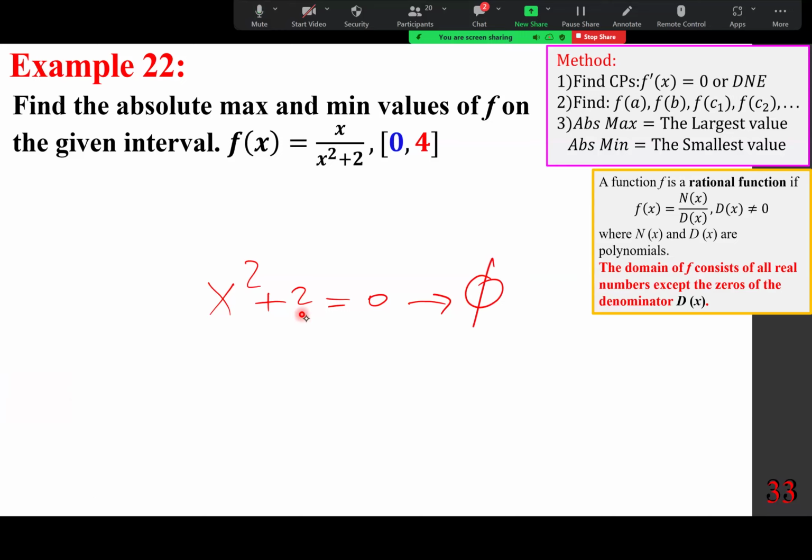If it were negative, it would be a different idea, but it's plus 2. It can never, ever produce a real solution when you set this equal to 0. Please understand there are two imaginary solutions, but no real solutions. Therefore, the domain is all real numbers.